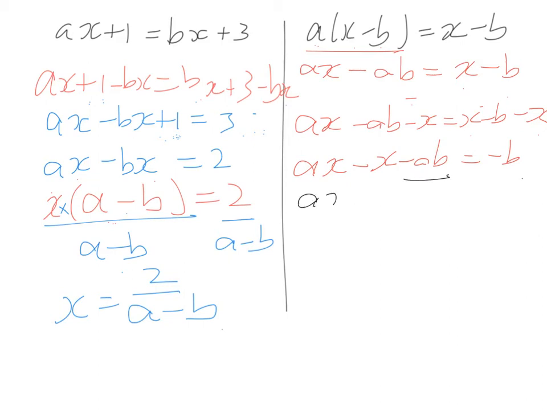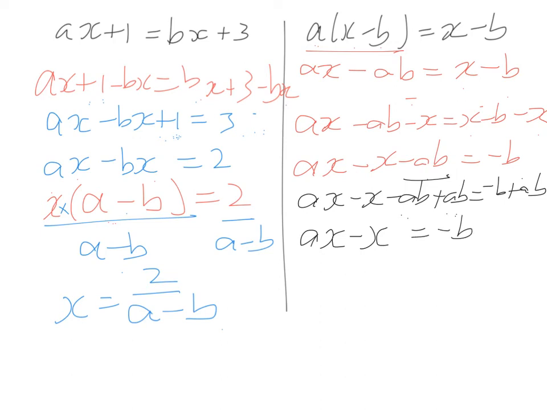Because we've got minus ab, we're going to do plus ab. Plus ab minus ab we're left with 0. So ax minus x equals negative b plus ab.